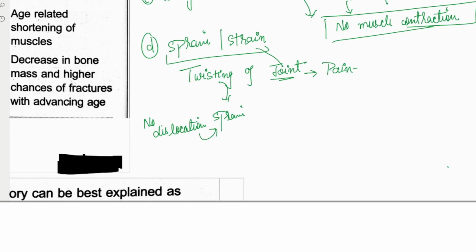If it is a strain, in that case it would be less severe than the sprain. That is the only major difference. The rest of the things are the same in both, that is the twisting of the joints.